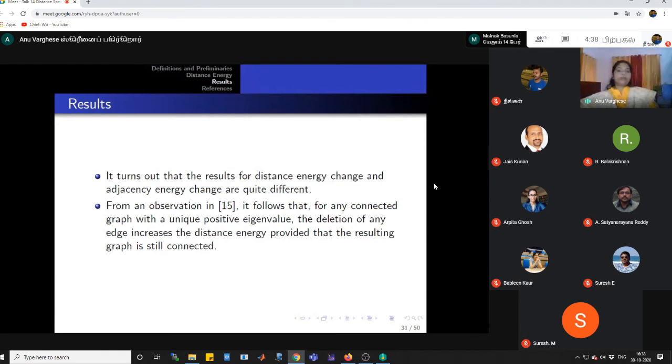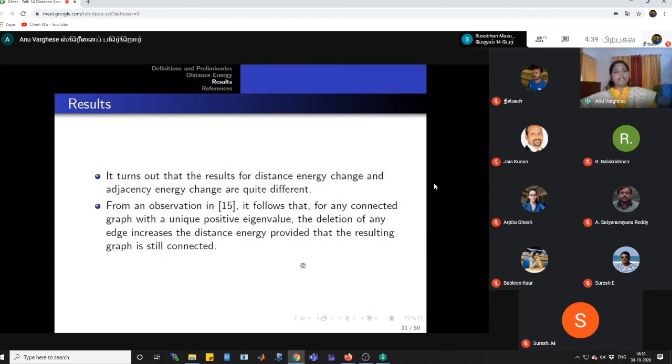Also, one more problem in the case of the distance matrix is that we can consider only connected graphs. Otherwise, for vertices in different components, the distance will be infinite and we can't manage the distance matrices. So we should consider edge deletion provided that after edge deletion, the graph remains connected.